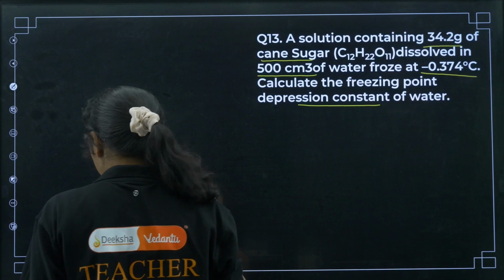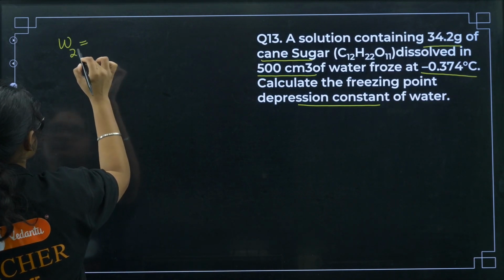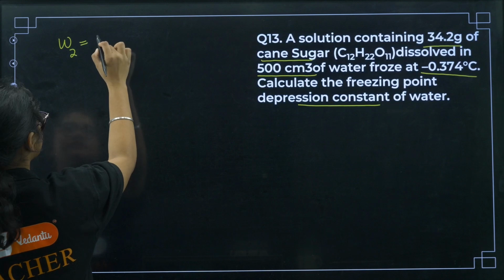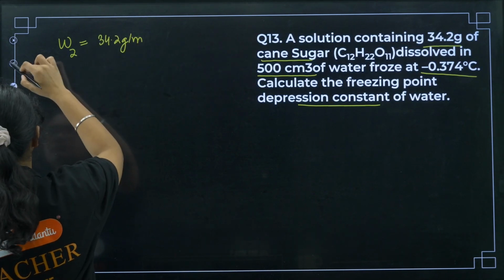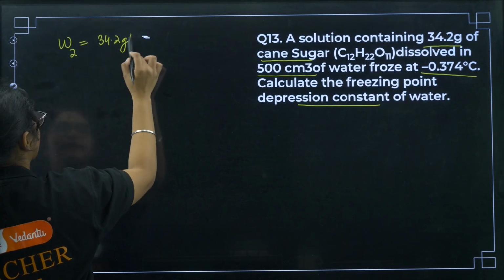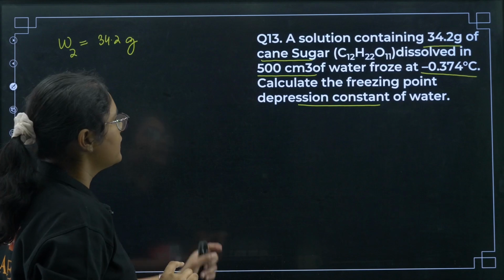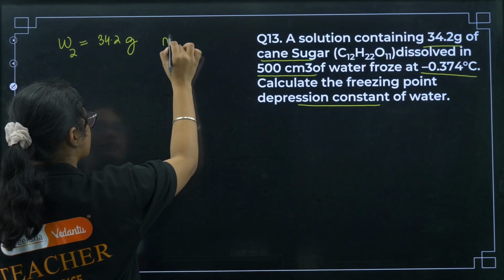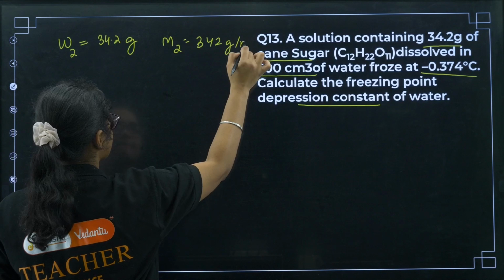So we have here the mass of the solute, W2. How much is it? 34.2 gram is given. Next, you should remember the molar mass of cane sugar, that is 342 gram per mole.